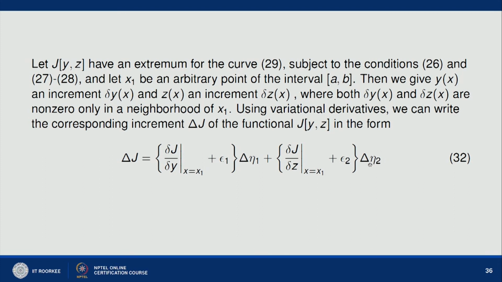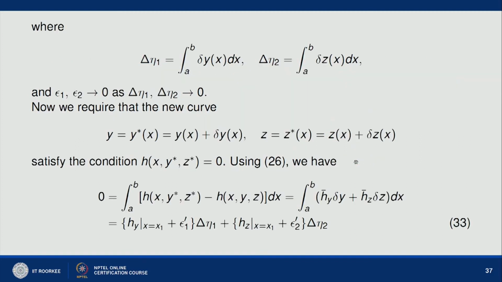Here as delta eta 1 and delta eta 2 tend to 0, epsilon 1 and epsilon 2 tend to 0, where delta eta 1 is given by the integral from a to b of delta y of x dx and delta eta 2 is equal to the integral from a to b of delta z of x dx, and this is what we have done. The only thing is that now it is given for both y and z. So everything we are doing in the same manner.